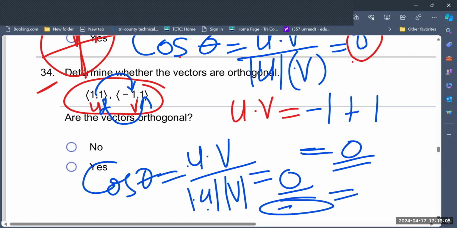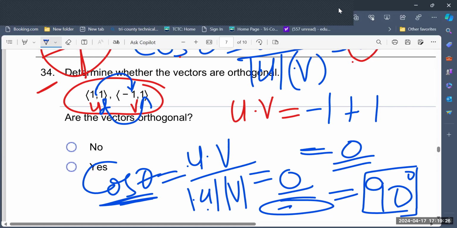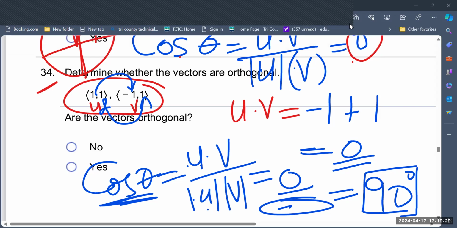The important thing is that if I find the cosine inverse of 0, I'll get 90 degrees. Therefore, the two vectors are perpendicular, so they are orthogonal. That's what it means, and you will have this question. It sounds difficult, but it's not even difficult. So that is about perpendicular vectors or orthogonal vectors.